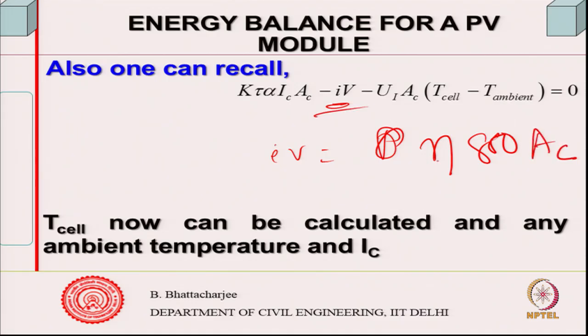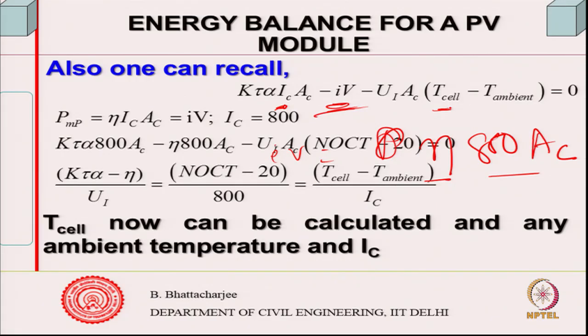I can replace this by efficiency multiplied by 800, to arrive at certain things which you should see, right. So, I can replace this by 800 under standard condition, and then this will be NOCT. So, if I take I_C equal to 800, eta I_C A_C equals the power generated, where this is the efficiency, and so I write it like this, right.